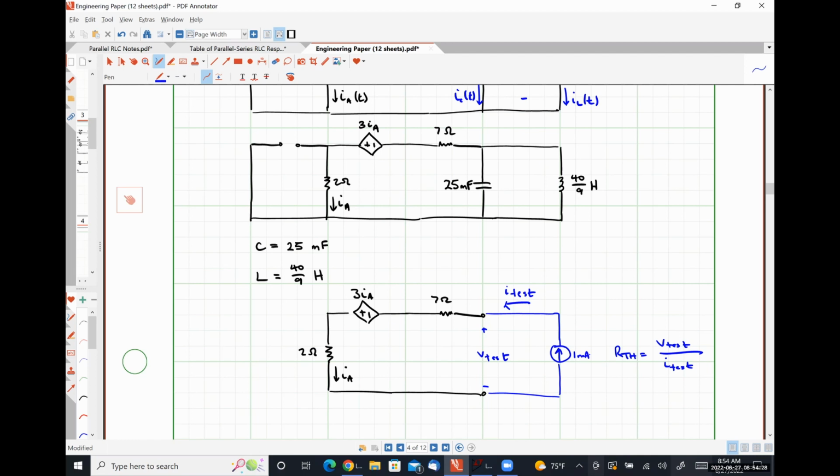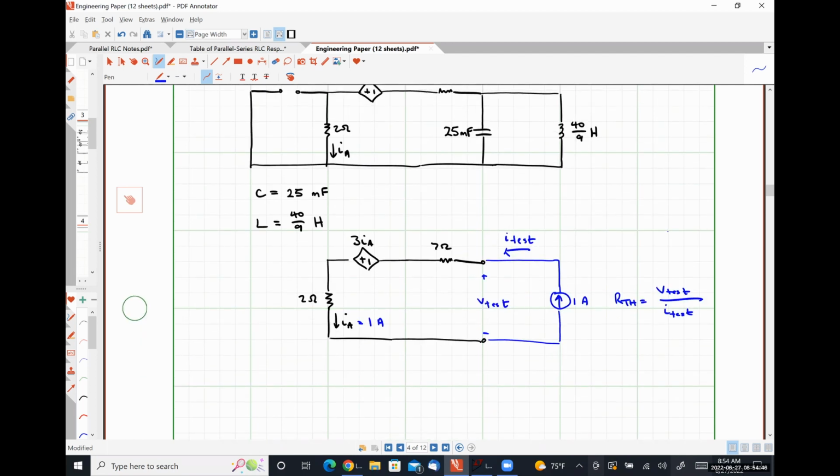The reason, actually, let's just make it 1 amp. The reason why I'm using a test current source here is because now I know that IA is just 1 amp, because this is a single loop circuit, okay?